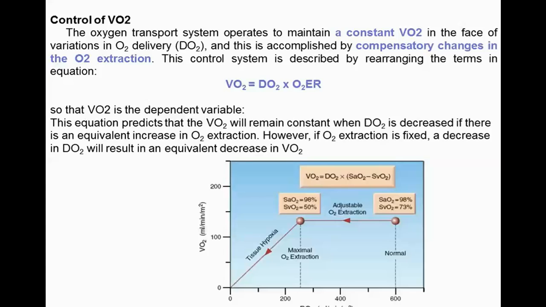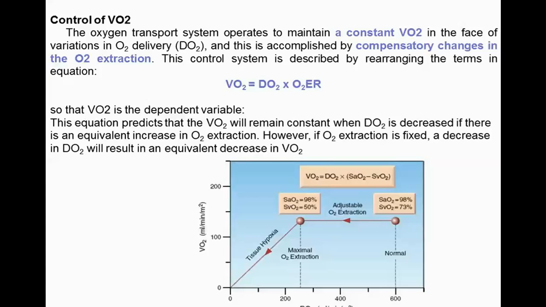If you deliver to me 1,000 milliliter of oxygen, I will take my need, which was 250. If you deliver to me 700, I will also take 250. What's the difference between both conditions? The percentage of extraction is increased.